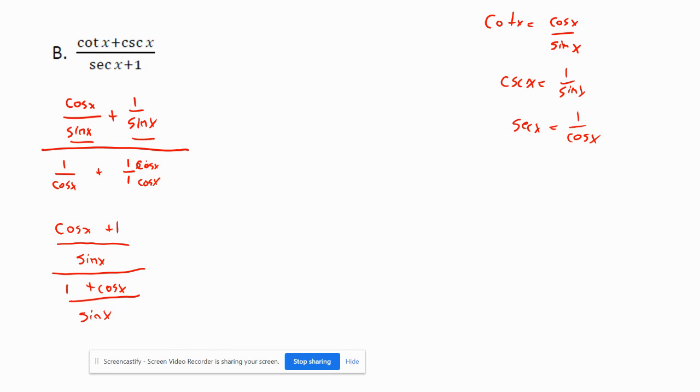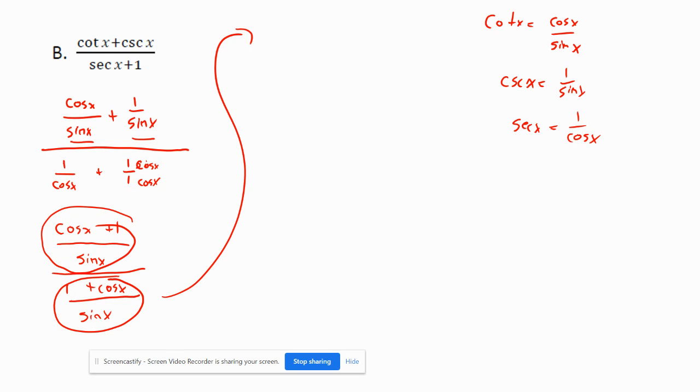Now I'm dividing two fractions. I'm dividing this fraction by this fraction, so I'm going to multiply by the reciprocal. That means the top fraction stays the way it is. So it's going to be cos x plus 1 over sine x times cos x over 1 plus cos x. Guys, I made a mistake here. This is 1 plus cos x over cos x, not sine x.